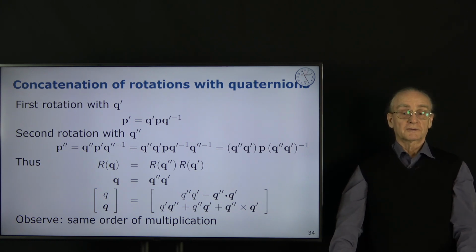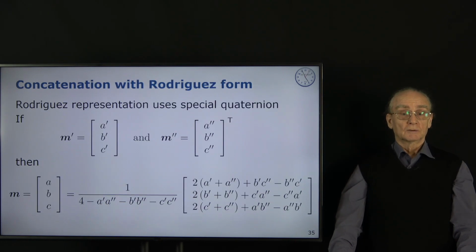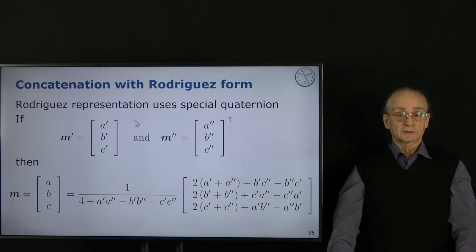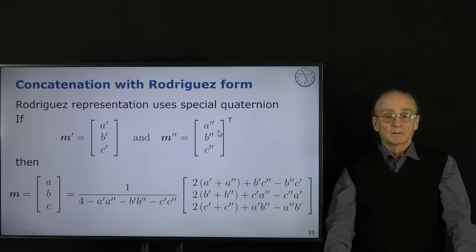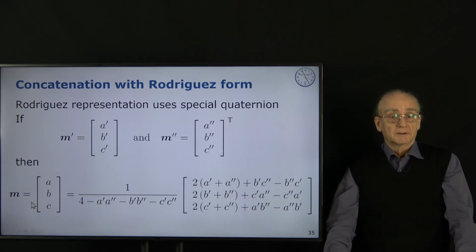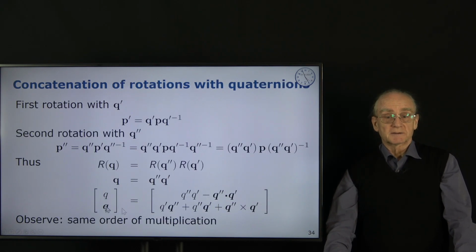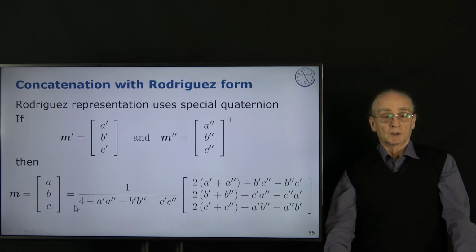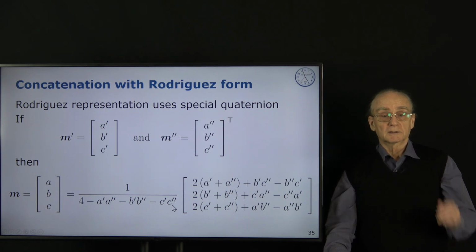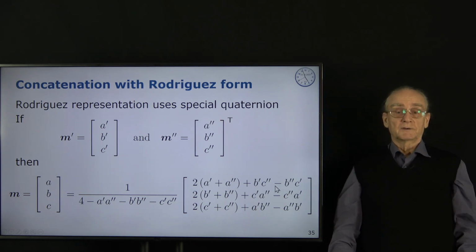So, of course, this then specializes to Rodriguez. Let's assume we have m prime and m double prime, being ABC prime and ABC double prime. There should be no transposed. Then we can directly specialize these equations to these ones. These are quite simple. So the new vector m of the combined rotation depends on ABC, 1 over some sum of products, and some easy concatenation.